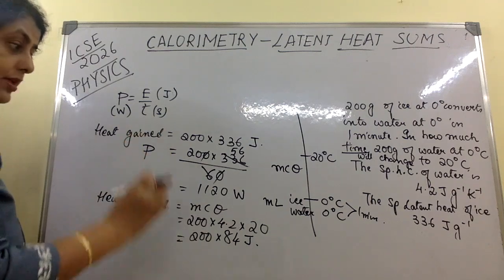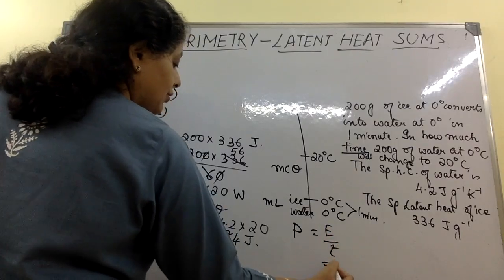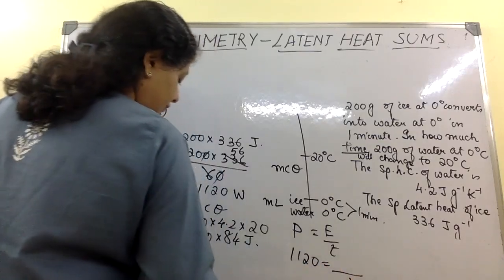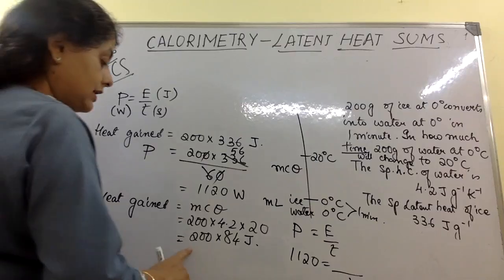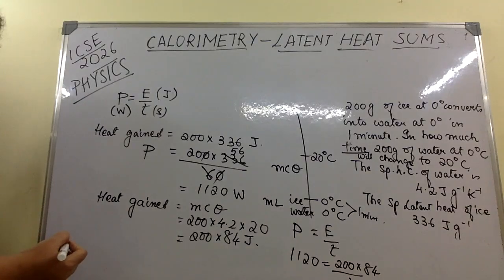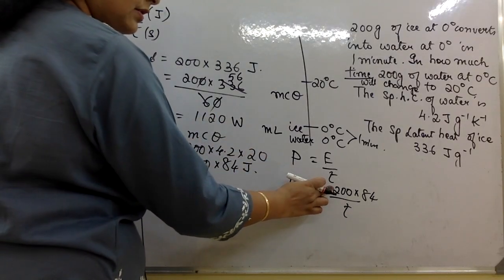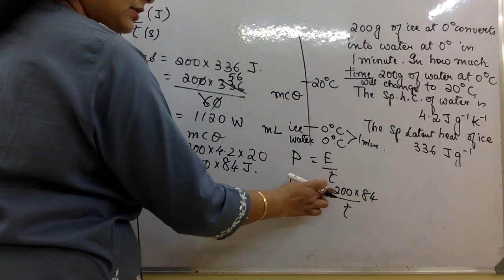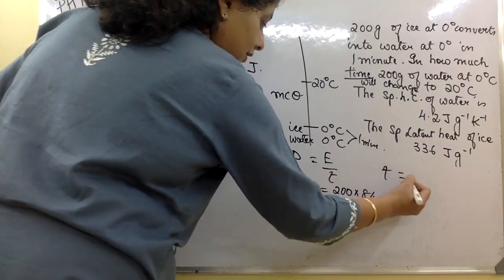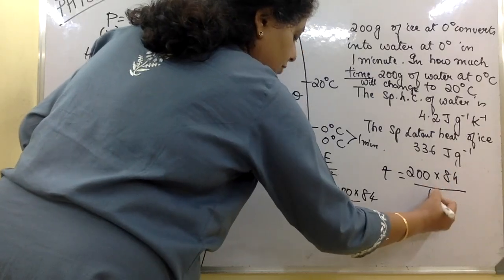Now we need to find the time taken. If we go back to the power formula, power is energy by time. Let us substitute. Power of the machine we know is 1120 watts. Time we don't know, we are going to find. In place of the amount of heat that has to be given, it is 200 into 84. So power is energy by time, so heat is written here by time. Now time is 20 into 84 divided by 1120.